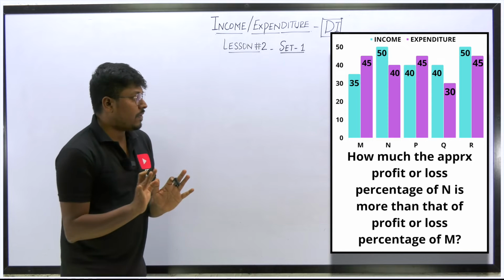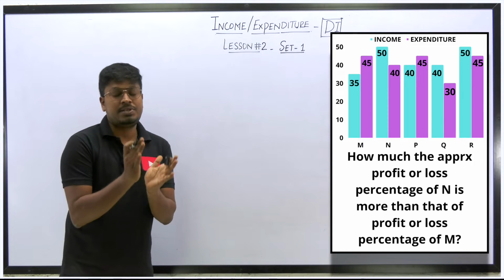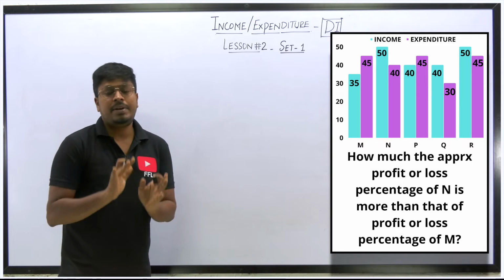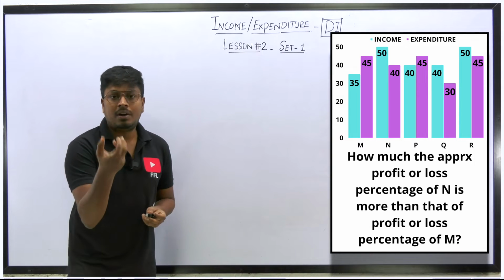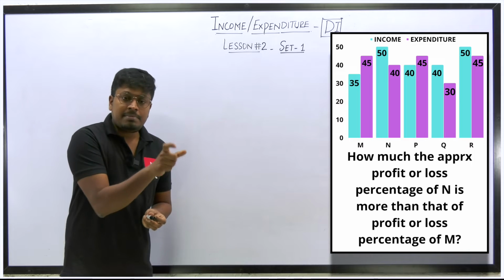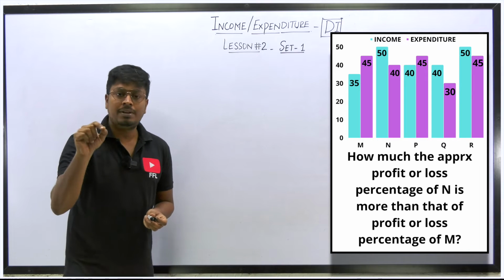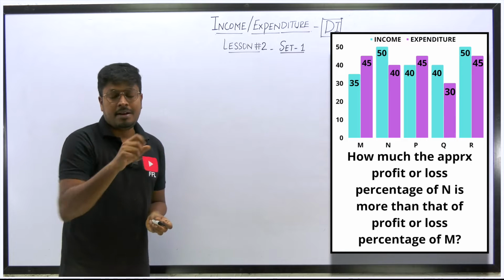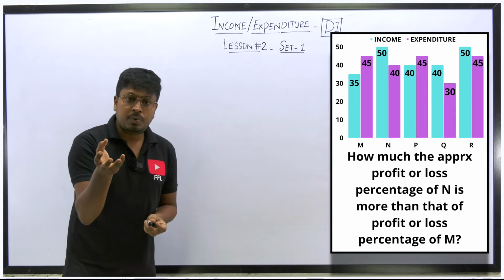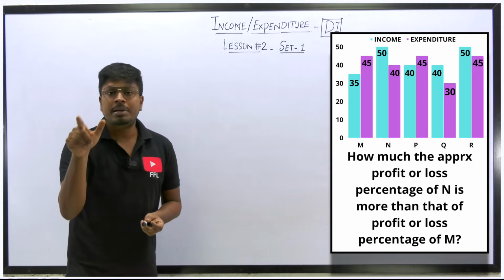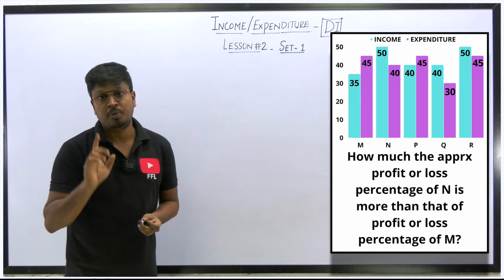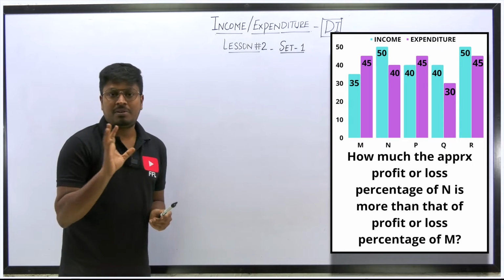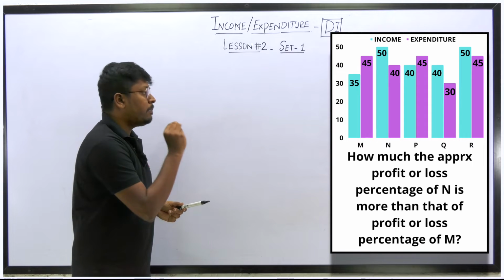So our target is to find first profit or loss percentage of company N. We don't know whether company N is getting loss or profit percentage, but we need to find the profit percentage or a loss percentage of company N. So similarly, we need to find another value, that is profit or loss percentage of company M. And then after finding N and M, our target is to find, when compared to M, the company N is how much profit percentage or loss percentage more. So this is the thing we need to find in this question, right? That too, we need to find an approximate value, not the exact value. We need to find an approximate value.